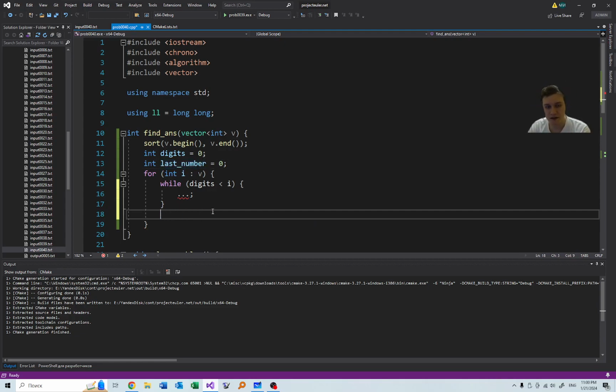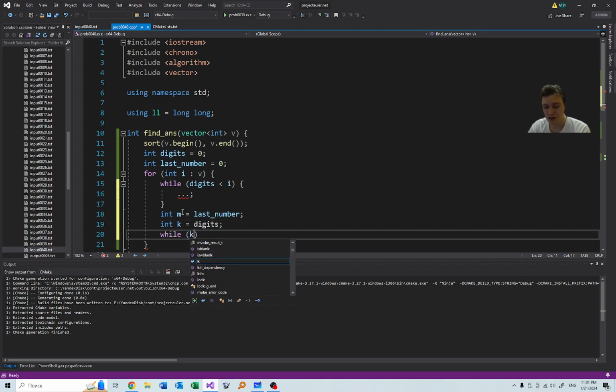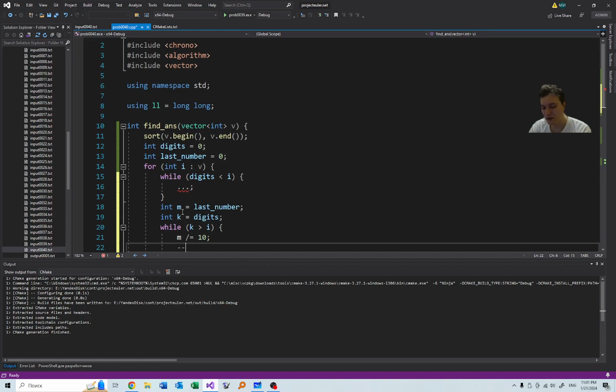To find the actual digit, let's take m equals last number, and int k equals digits. So while k is greater than I, let's do the following. M is divided by 10 and minus k.